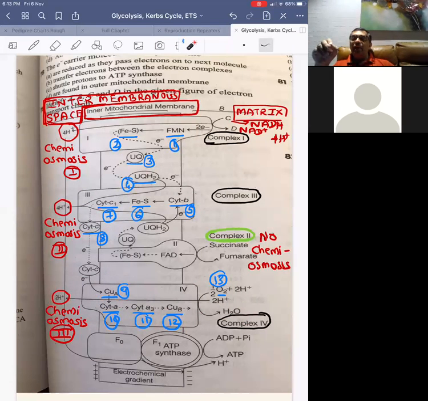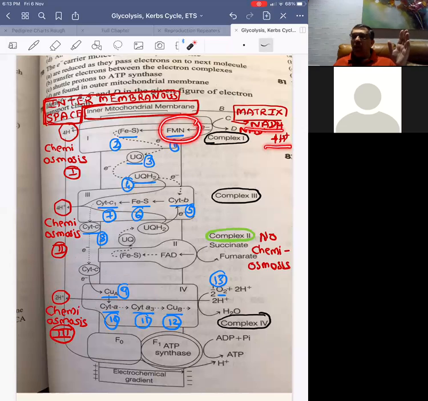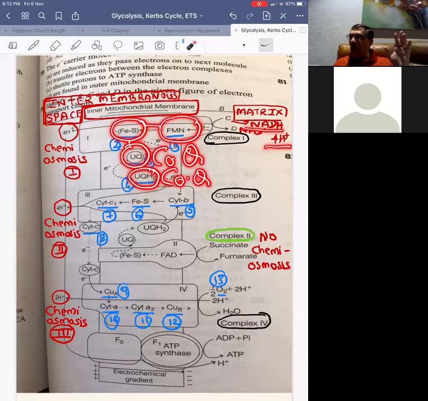So once again, where has the actual flow been? बहुत ध्यान से. Hydrogen has gone from NADH plus H plus to FMN. वो तो हम लोग ने last time किया था. From FMN, where does it go to? FES. From FES, where does it go to? Coenzyme Q, which is called ubiquinone, to coenzyme QH2, which is called ubiquinol.